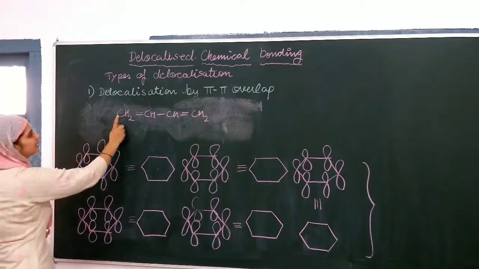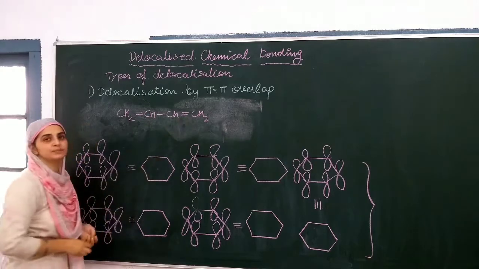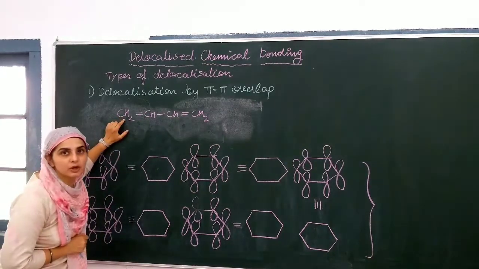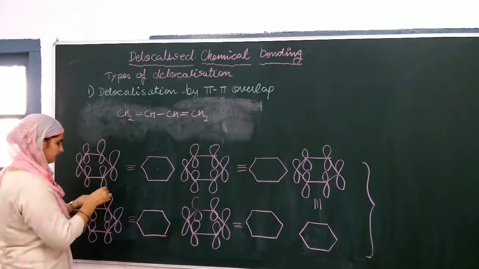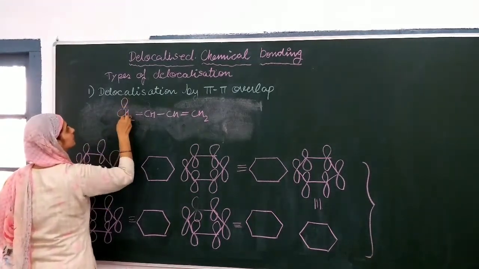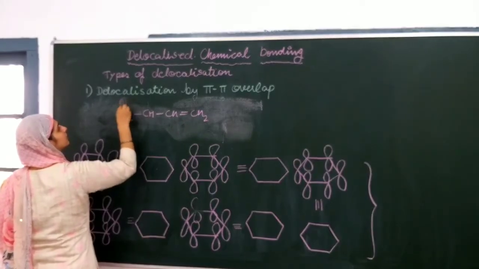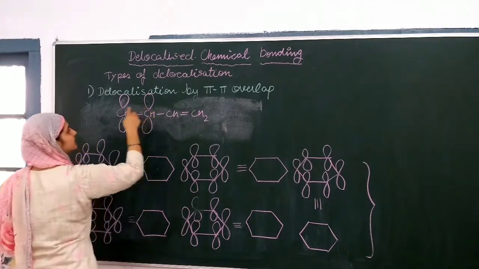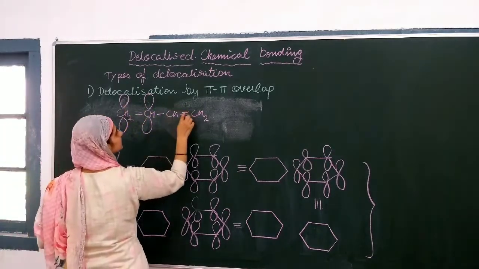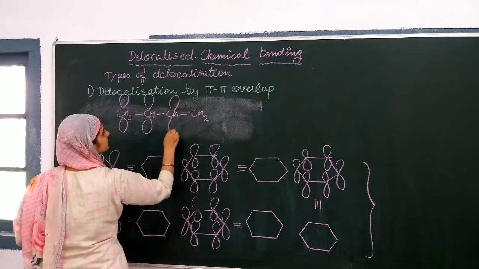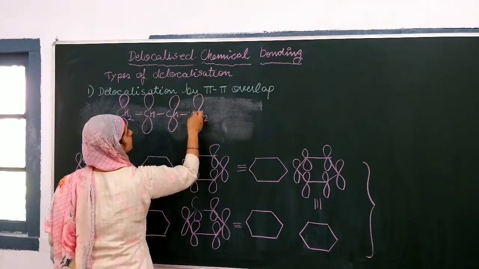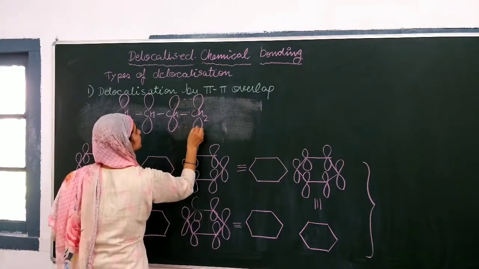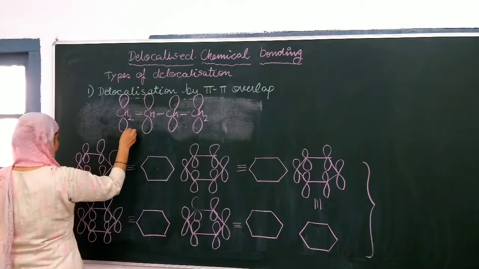As we know, each carbon atom present here is sp2 hybridized, so there must be one unhybridized p orbital over each carbon atom, which will sideways overlap to form this pi bond. We can represent this pi bond by these orbitals, showing the sideways overlaps.